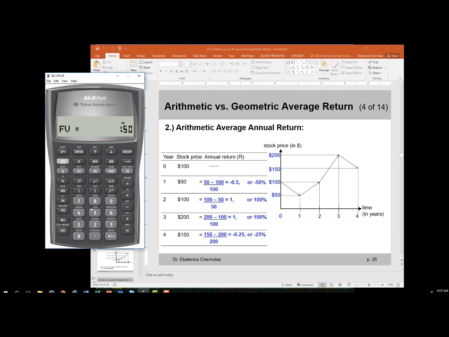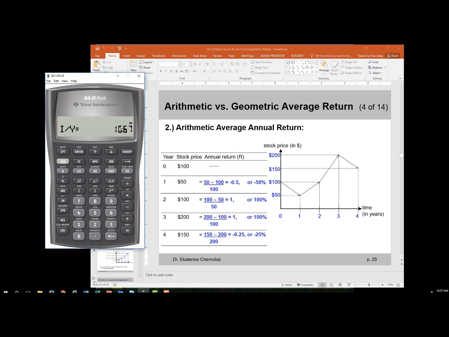We have 4 years. We had 4 returns that were given, so that's our N, 4N, and we are computing the implied return that makes the smooth transition from 1 to 1.5 over the 4 years. So I'm computing IY. Same result, 10.67, right?